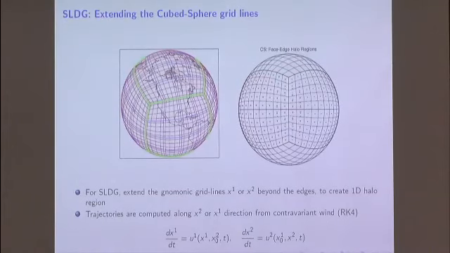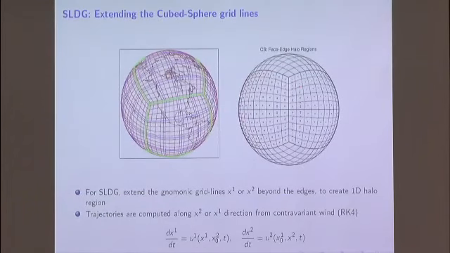Now this is a GLL grid embedded on the cubed sphere. I do my SLDG advection along these lines. However, whenever I get to the edge, I may need a halo point. So I just extend the points by extending the lines to the other face.